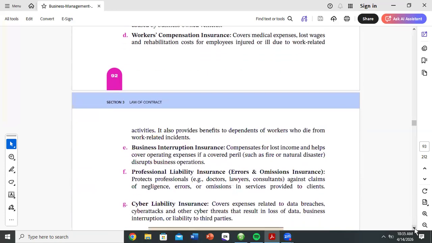Then we have cyber security insurance, where a business is looking to manage the risk of cyber attacks. And then professional liability insurance, which has to do with issues about compliance and legal regulations. Sometimes the Environmental Protection Agency will bring a suit against you that you haven't renewed your license, and then you are taken to court.